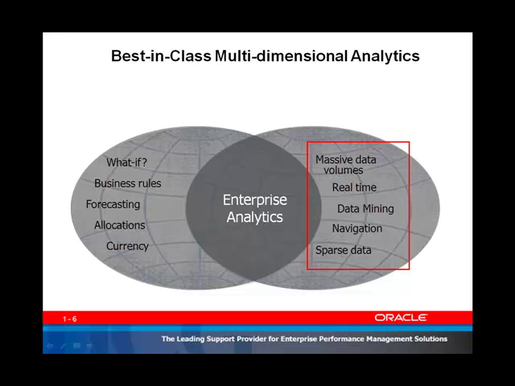Well, we were still lacking prior to ASO coming out on the different applications that we have listed on the right here in the red box, like the massive data volumes, real-time data mining, navigation, or having very sparse data. Once ASO was introduced, these different application uses of Essbase became available and much easier within the aggregate storage option.